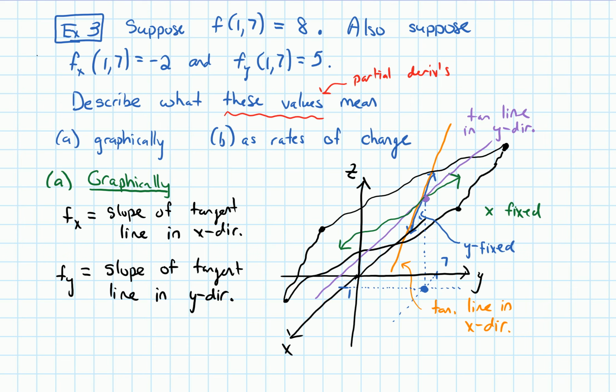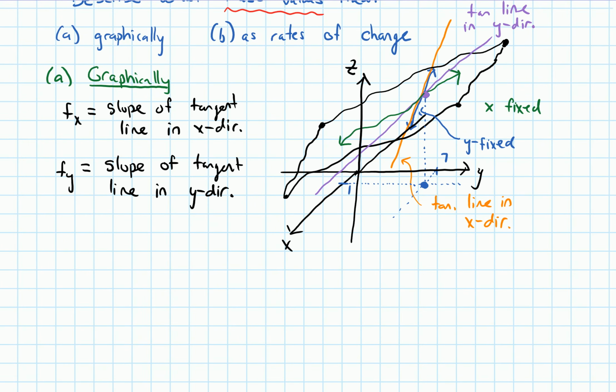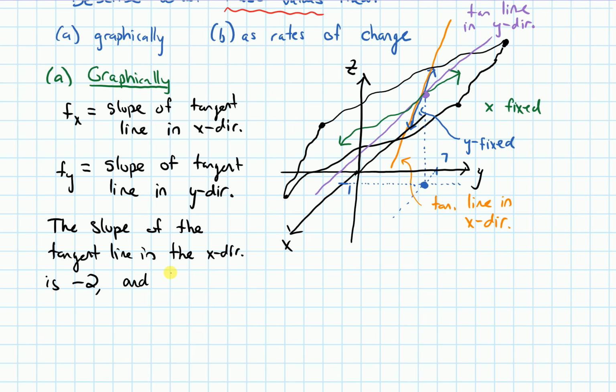All right, so in general, this is what partial derivatives, when we have a function of two variables, represent in terms of my graph. Okay, so let's answer specifically in this question what these partial derivatives mean. In our specific question, the slope of the tangent line in the x direction, that one was given to be -2, and the slope of the tangent line in the y direction is 5.